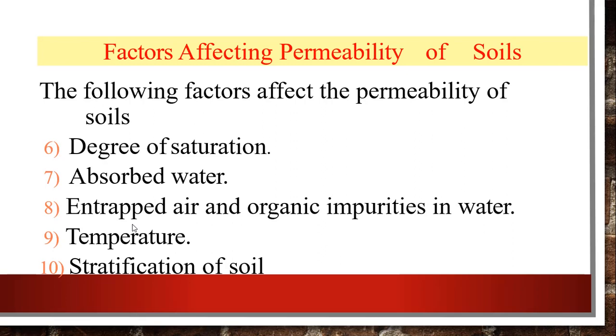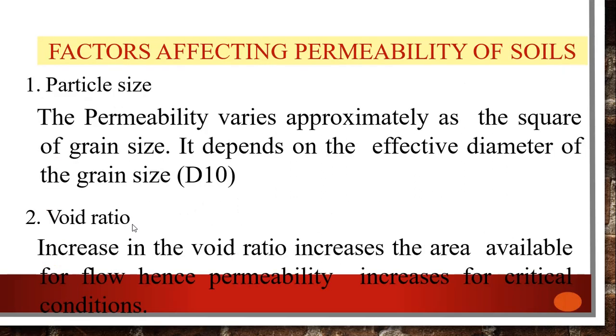So first we will see how particle size affects the permeability of a soil. The permeability varies approximately as the square of the grain size. It depends upon the effective diameter of the grain size.